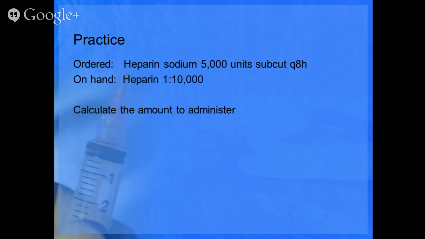See, now that's confusing. So is that 1 ml? 1 ml contains 10,000 units, because heparin's always in units.